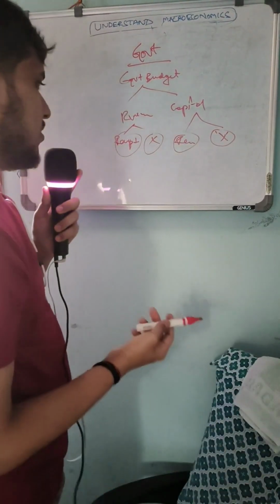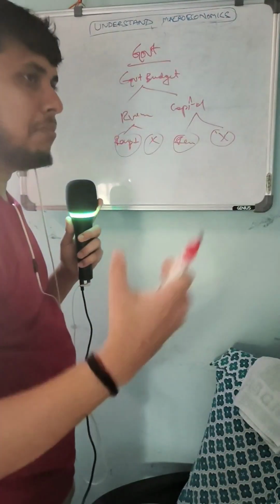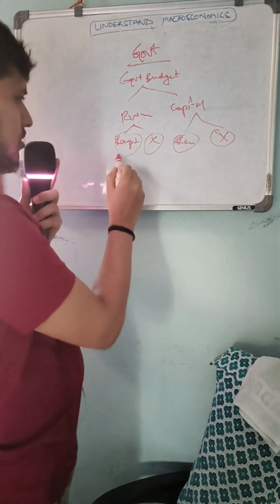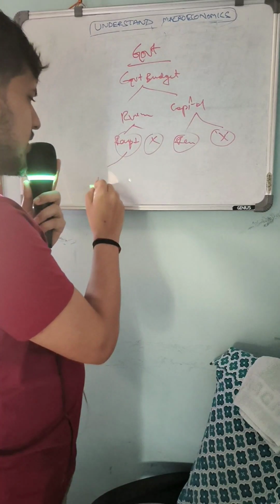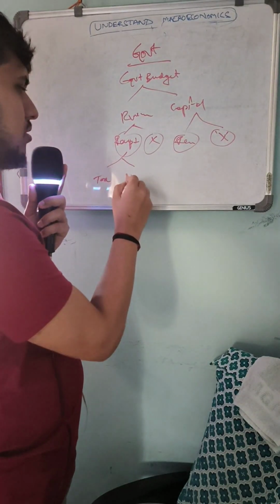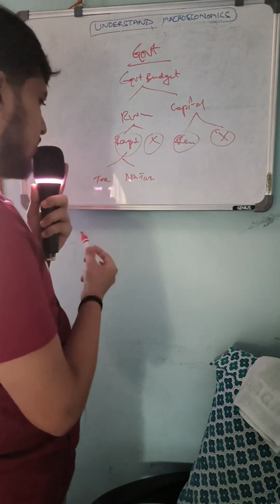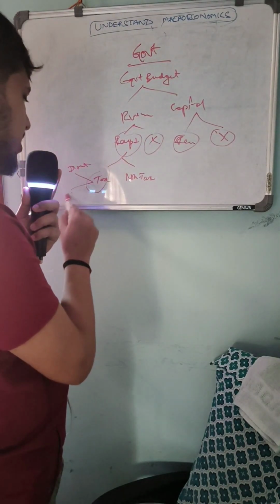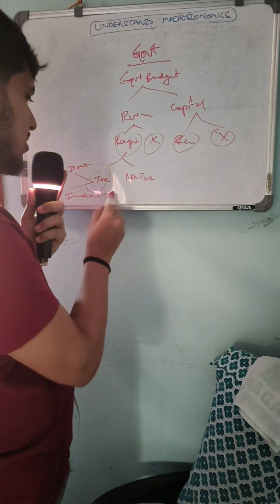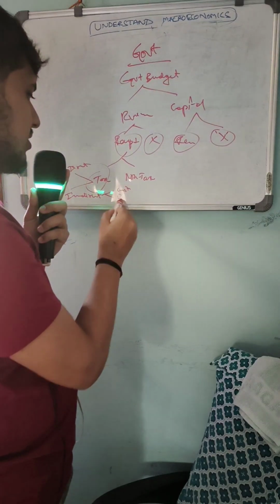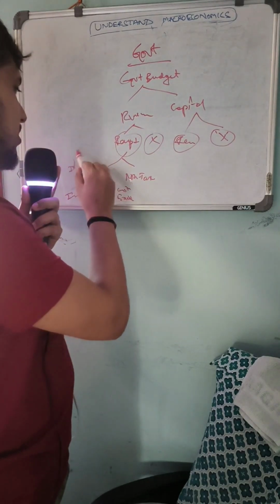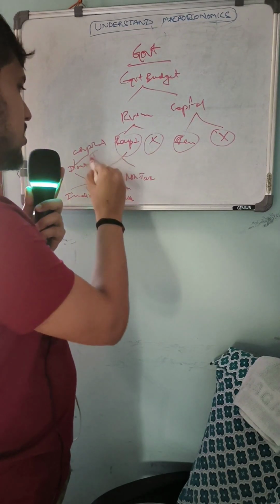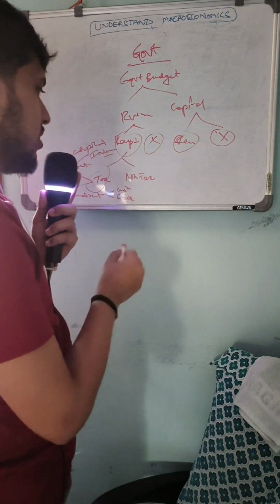In receipts, what they get from the economy, that is the tax revenue, another one is non-tax revenue. In tax revenue they have direct tax, indirect tax, customs, excise, direct, corporate, and then income tax.